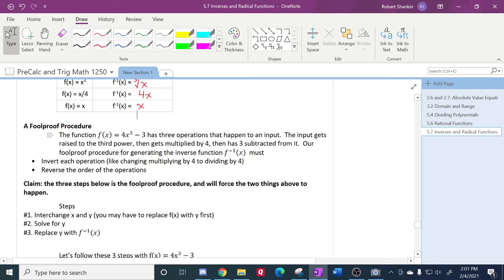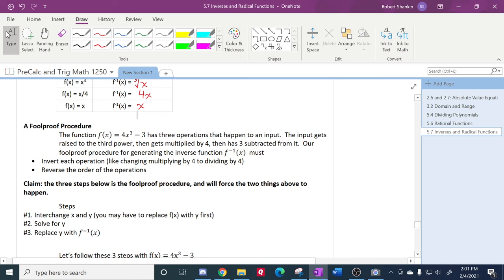Well, that would wind up being the last thing when we invert it. The cube rooting should be the very last thing that we do. All right, so the claim is that the 3 steps below are a foolproof procedure and will force these 2 things, inverting each operation and reversing the order of operations, to happen.